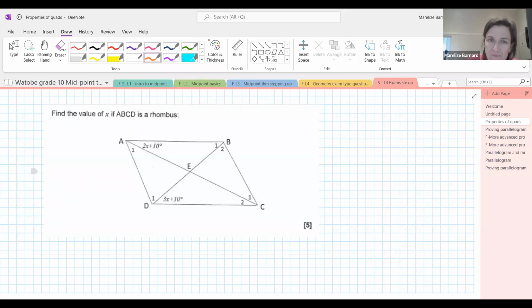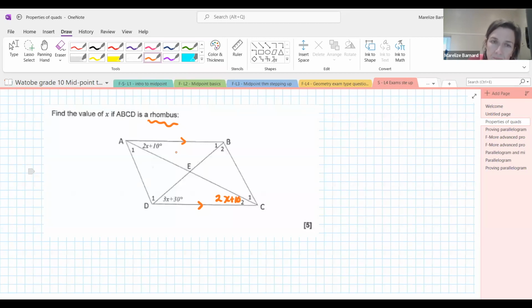First question tells us that ABCD is a rhombus. So what I did is opposite sides are parallel. So that means that 2x plus 10 degrees is equal to C2 because of alternate interior angles. And then the properties of a rhombus, the diagonals bisect at 90 degrees.